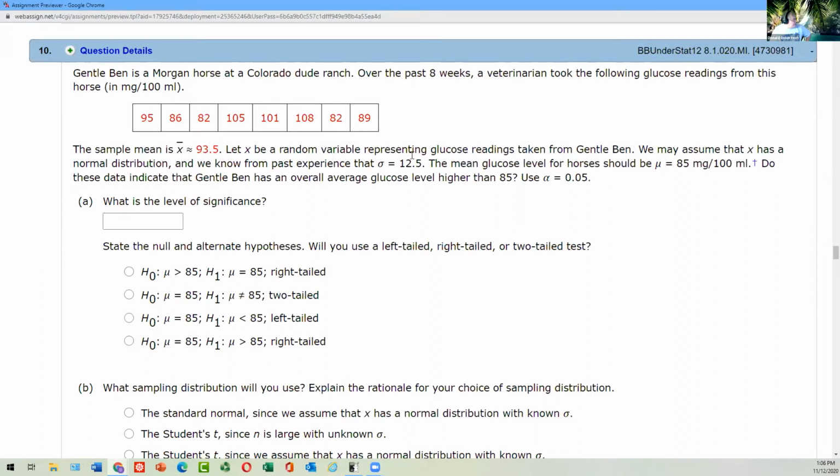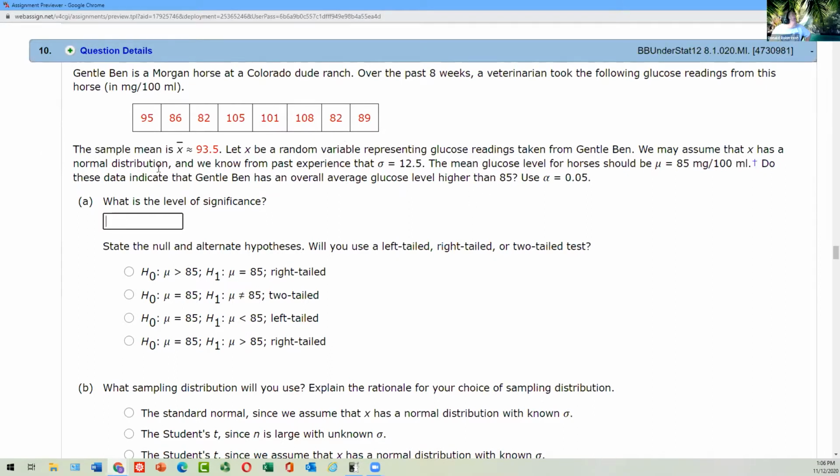The standard deviation sigma is 12.5. I know I'm going to use that. Although they don't say n equals 8, if you count them and look here, you can see that it's 8 weeks. So all of those things are in the information. And the first question they ask you is the significance level.